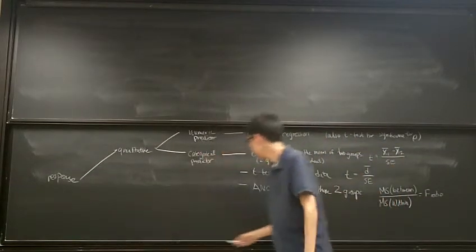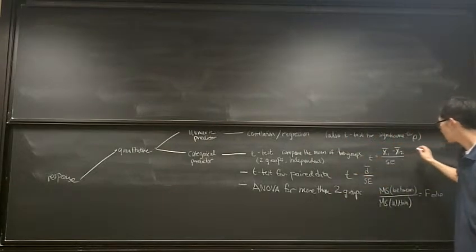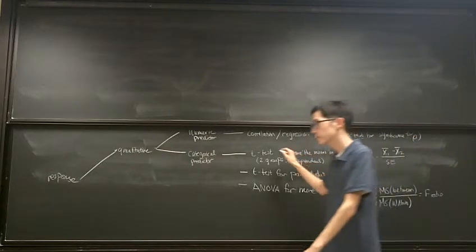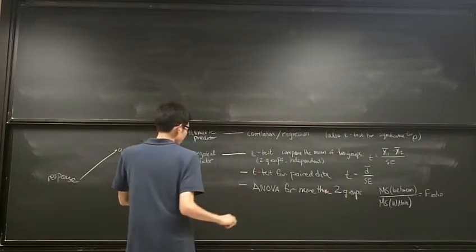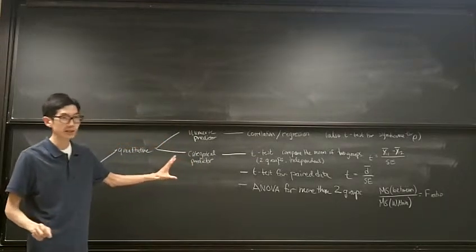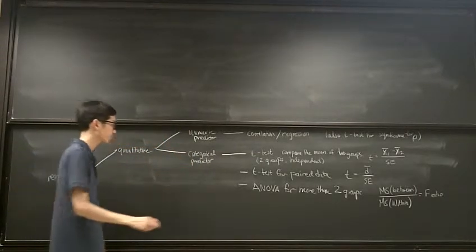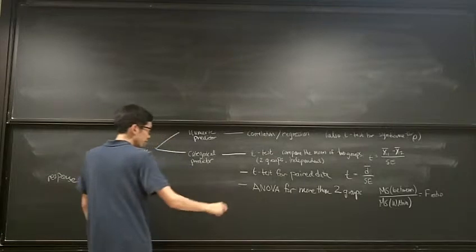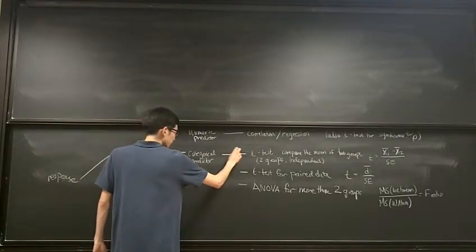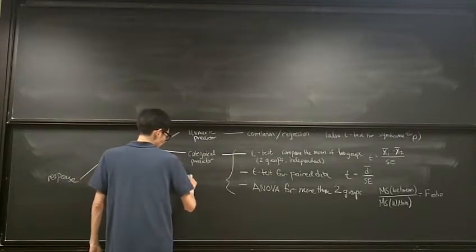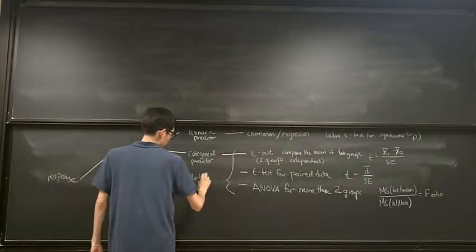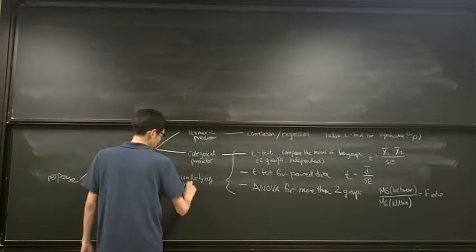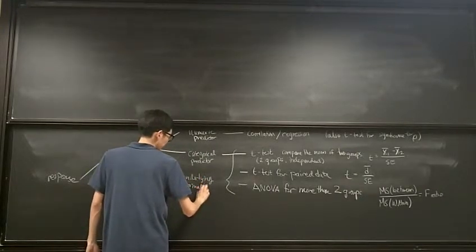Go back to these, okay? All of these have an underlying assumption of normality for the sampling distribution, okay? Even the ANOVA one really has an underlying normality assumption.